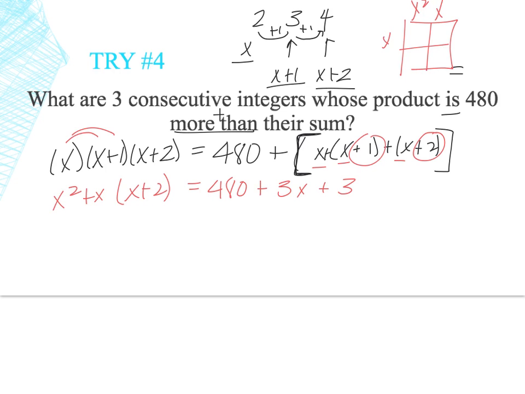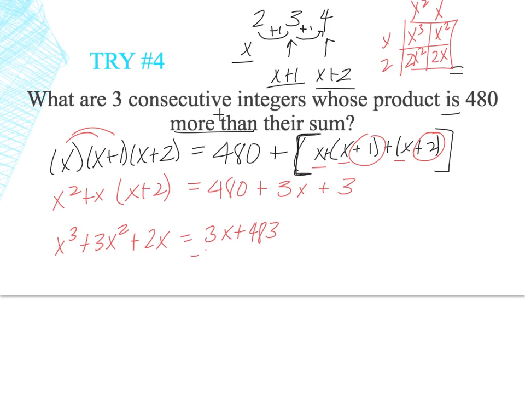Below that is x and 2, so that becomes x cubed. Below that is 2x squared, then x squared, and then 2x. So I will get x cubed plus 3x squared plus 2x on the left hand side, and on the right hand side, if I combine like terms, that's 3x plus 483.